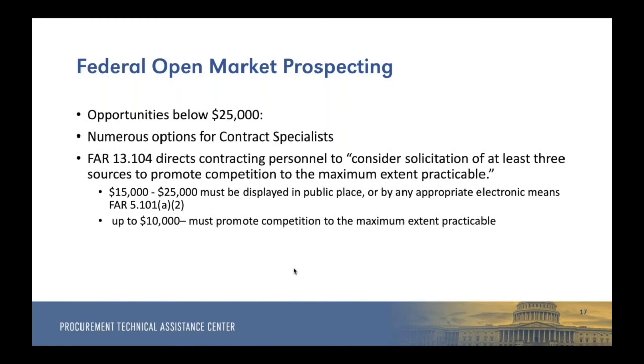So you, as a small business, are thinking, how can you find out these opportunities under $25,000? And it's a lot of money that actually is floating within this under the $25,000 threshold. And everything between $15,000 and $25,000 must be displayed in a public place.